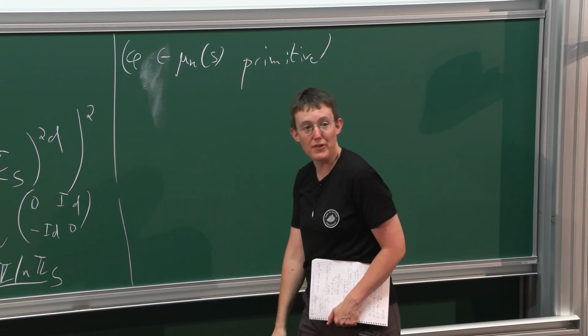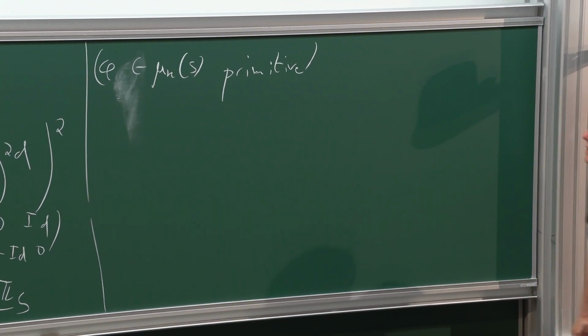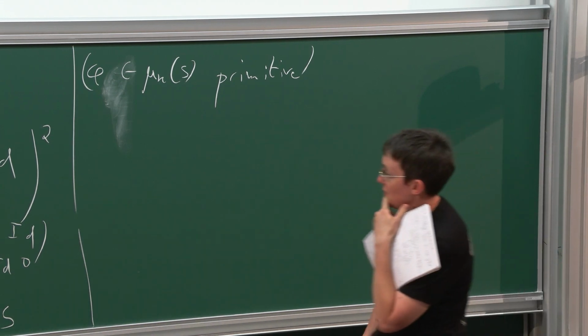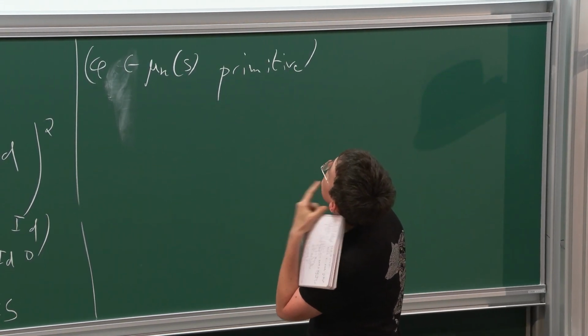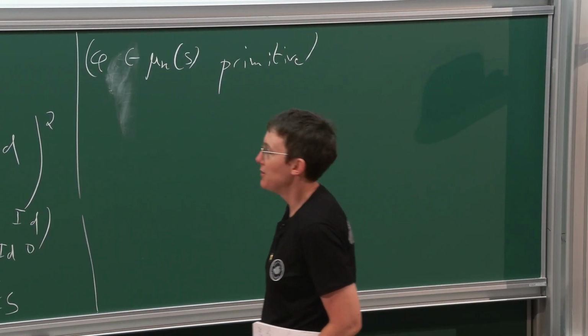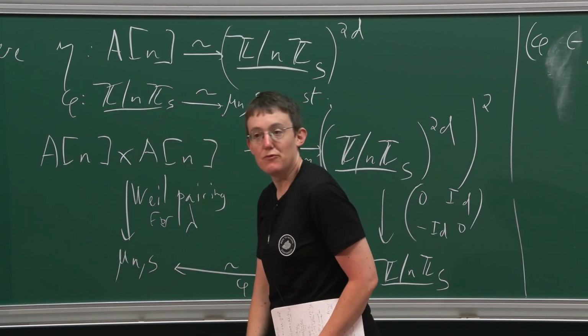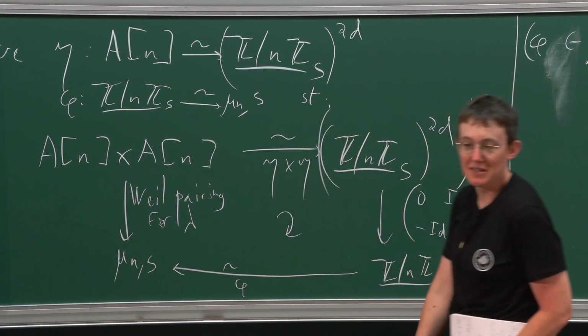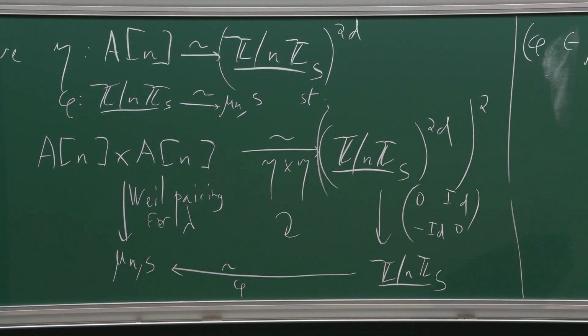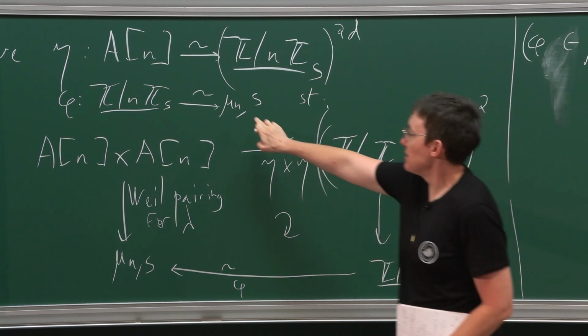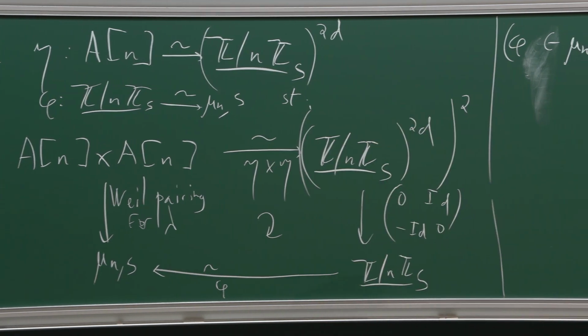Mu n is the scheme of nth roots of 1. Of course, that's the same. A level n structure is only going to exist if there exists such an isomorphism, so that forces n to be invertible on S. It's actually equivalent. And then you need this scheme to be constant.